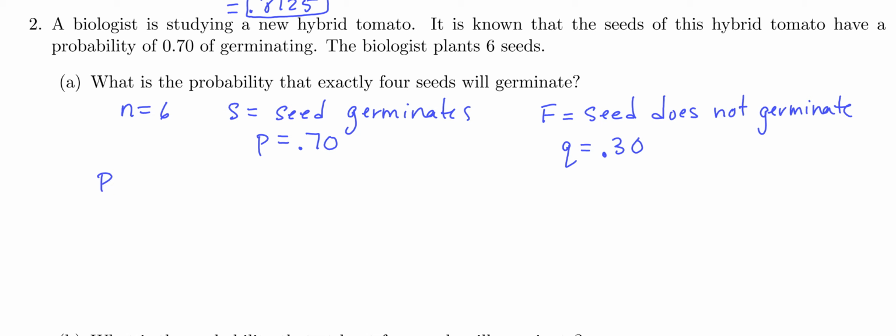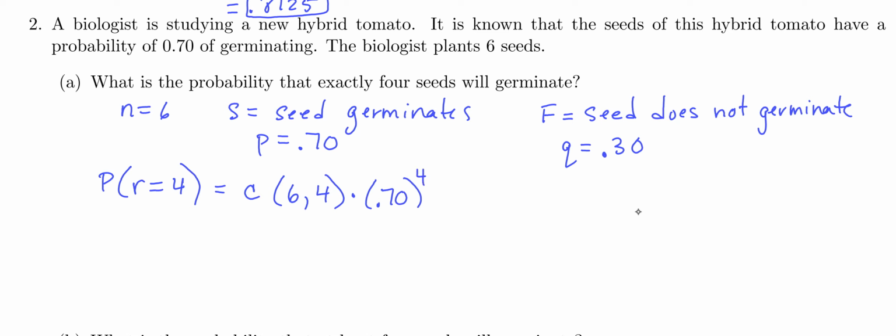In part A, we are looking for the probability that exactly 4 seeds germinate, or the probability that r is 4. So we have n is 6, r is 4, times 0.7 to the number of successes we're looking for, which is 4, times 0.3 to the number of failures in this case.